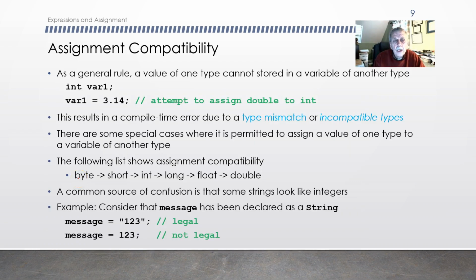Assignment compatibility is another important concept. What happens is when we declare a variable, we declare it as being of a certain data type. Java will not only allocate a certain amount of memory based upon what that data type is, but it will also restrict operations as to what the values are that can be stored there.